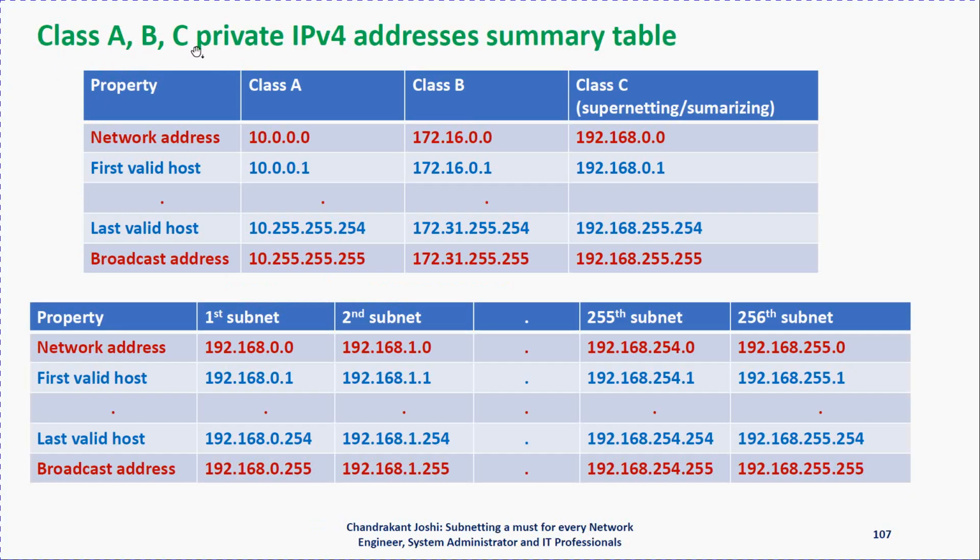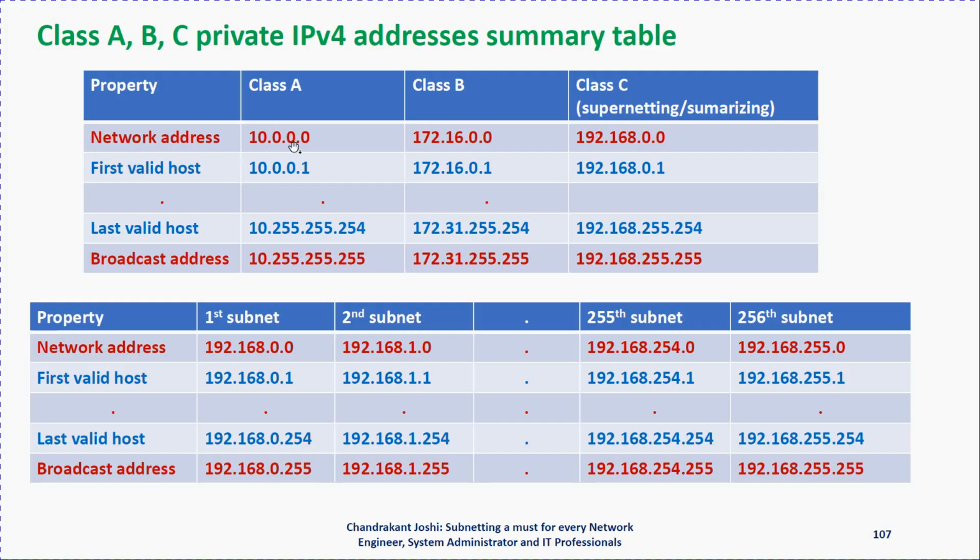So let us summarize this in tabular form. Class A, the whole of the 10 series. The network address is 10.0.0.0 and the broadcast address is 10.255.255.255, because remember, the second, third and fourth octets are for the hosts. So all 255 is the broadcast address.